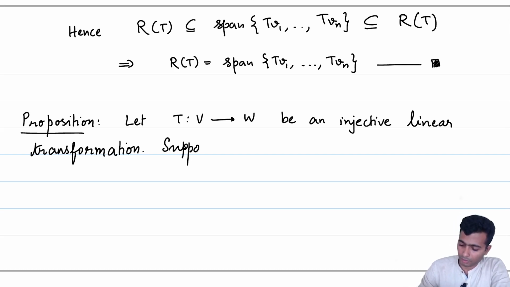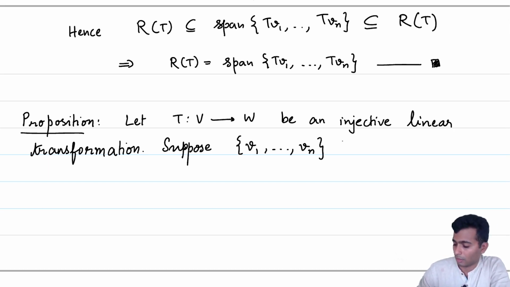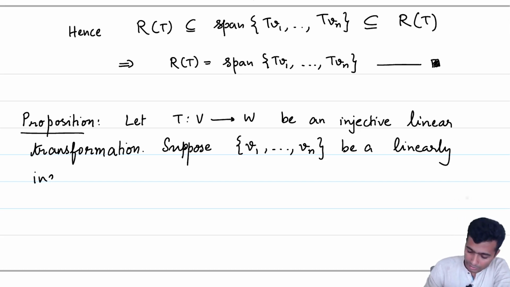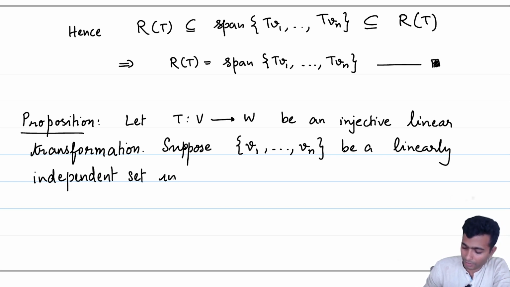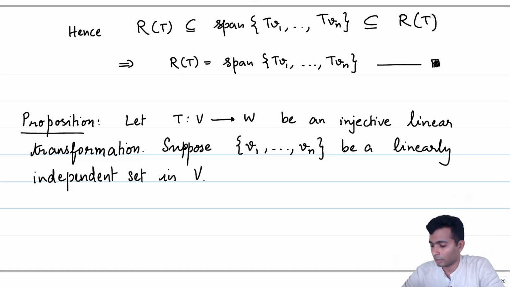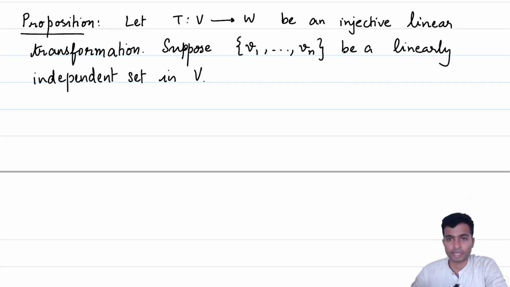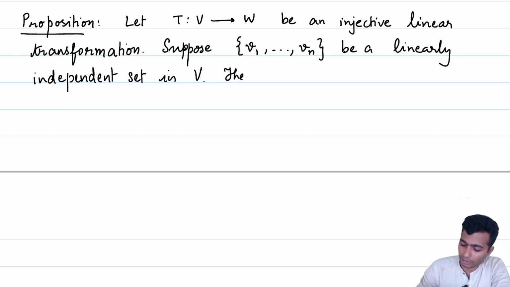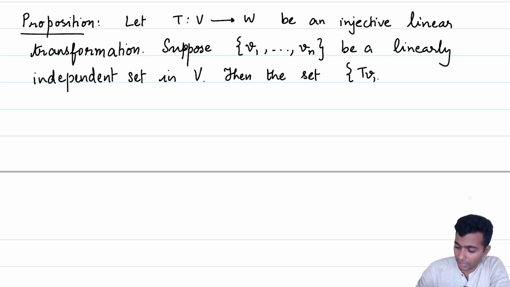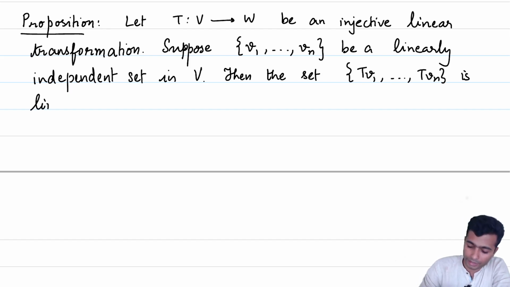Suppose we start off with a linearly independent set. Suppose v1 to vn is a linearly independent set in V. Then, as you should be guessing by now, the conclusion is that the set Tv1 to Tvn is linearly independent.